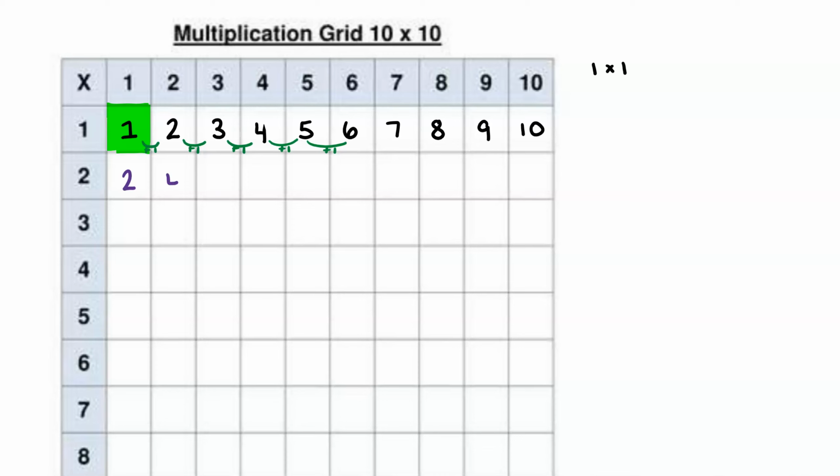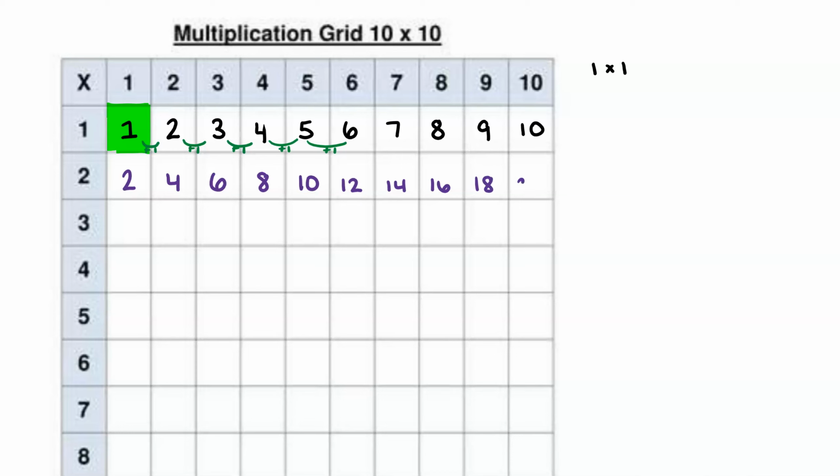That makes 4 total pennies. 2 rows with 3 pennies would make 6 pennies. 2 rows with 4 pennies would make 8 pennies. 2 rows with 5 pennies would make 10 pennies. 2 rows with 6 pennies would make 12 pennies. 2 rows with 7 pennies would make 14. 2 rows of 8 would make 16. 2 rows of 9 would make 18.